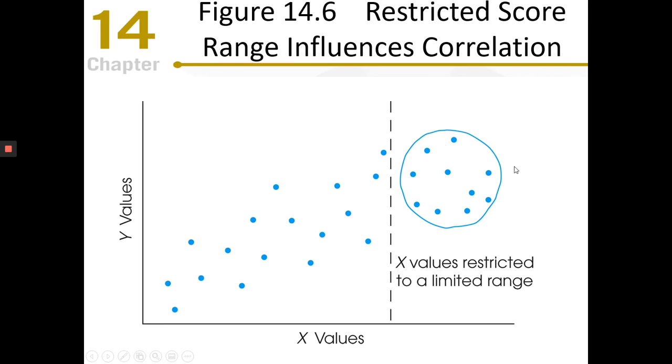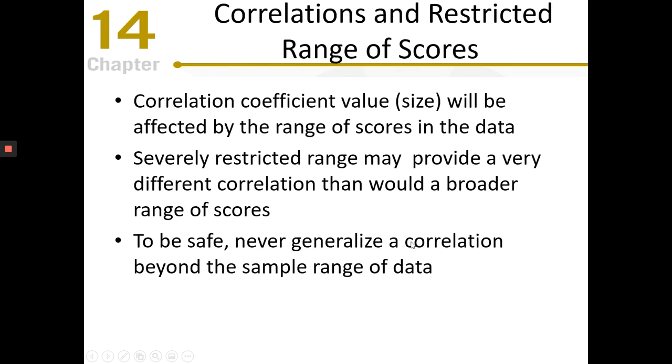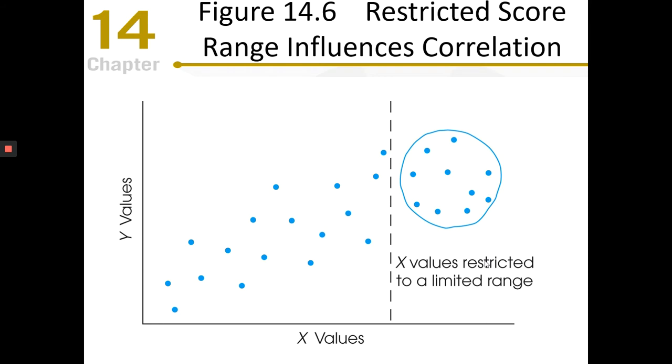However, our sample was particularly high on both. Therefore, we have a restricted range of scores, and we cannot make conclusions about a broader population of people. So when we make generalizations from the data, we should be careful not to go beyond the range that we actually collected, because we have no idea what's going on beyond that range.